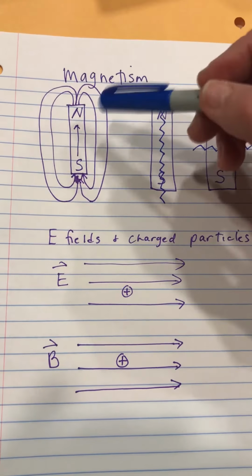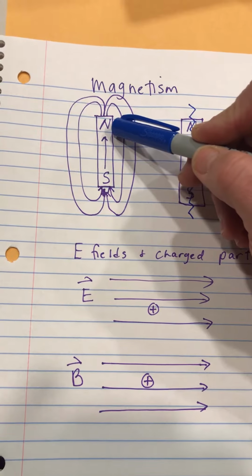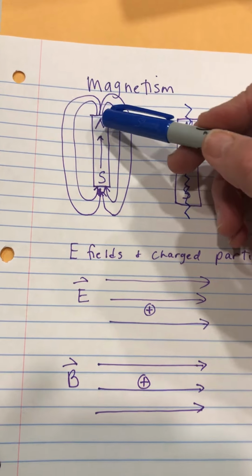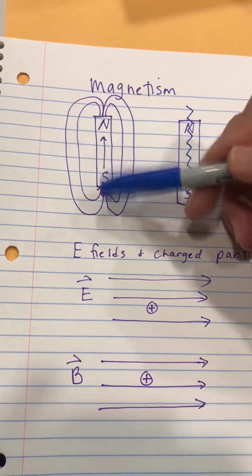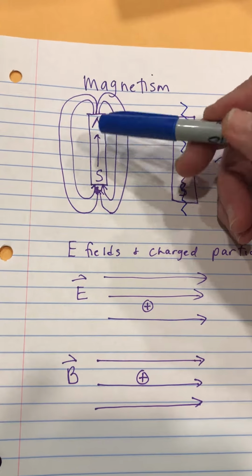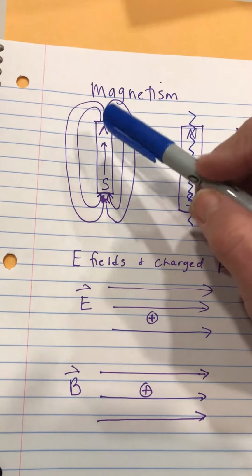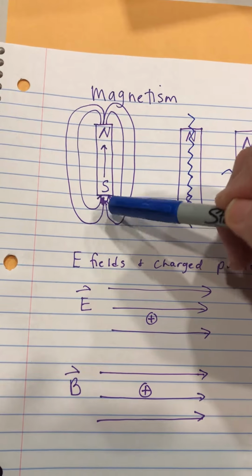You always have a north and a south pole. If I were to take this magnet and cut a slice off, I'd have a smaller magnet. The north and south pole domains are within the spin of the atom, so down at the atomic level. So just remember that when you draw a magnetic field line, they have to start and end somewhere.